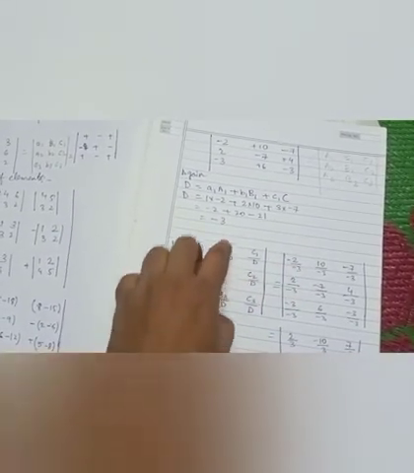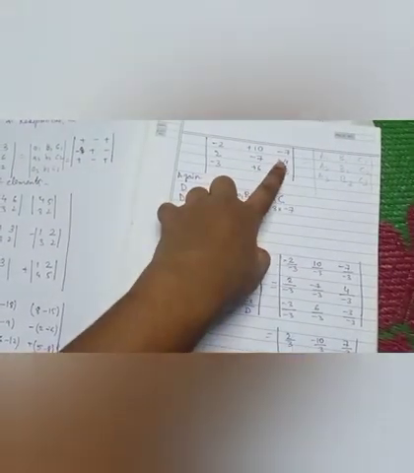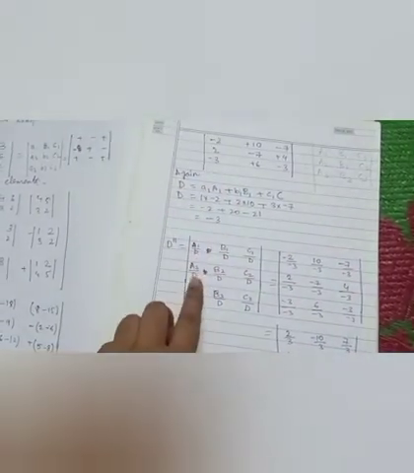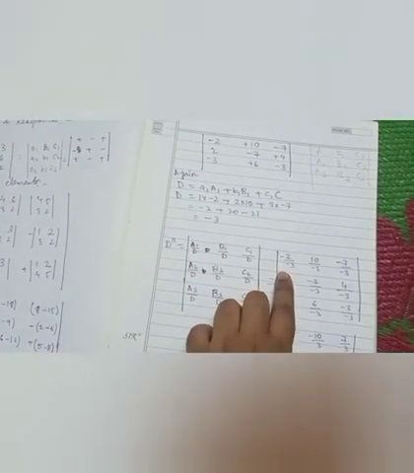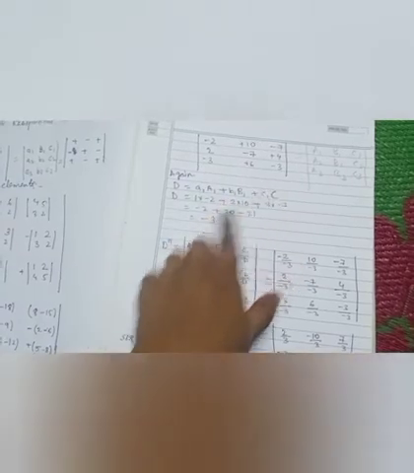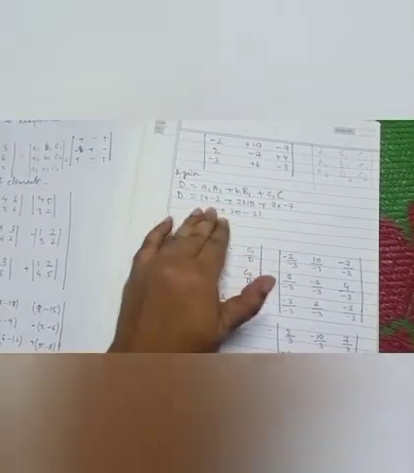Capital B1 is 10, so I am writing 10, D is minus 3. Capital C1 is minus 7, D is minus 3, like this I am writing. Capital A2 is 2 and D is all the same, minus 3, minus 3, minus 3 you will write, and whatever adjugate elements you got, those you will divide by the determinant D.